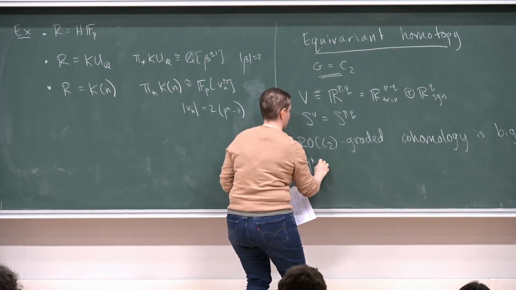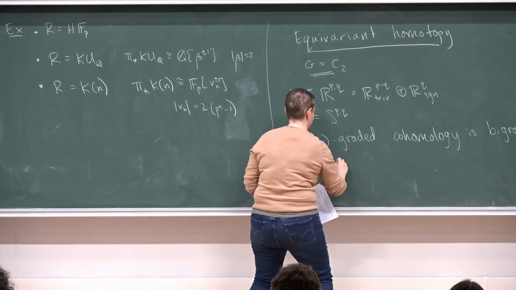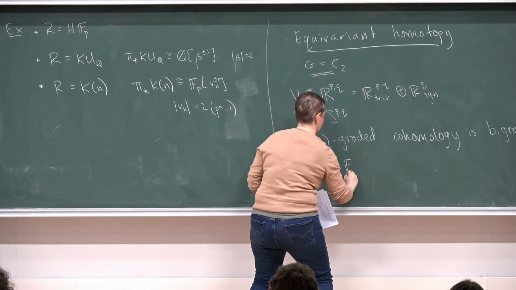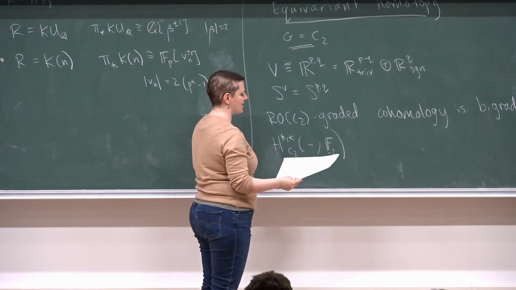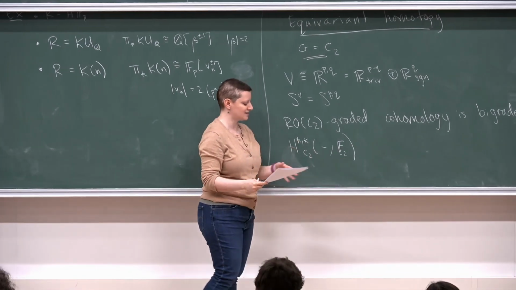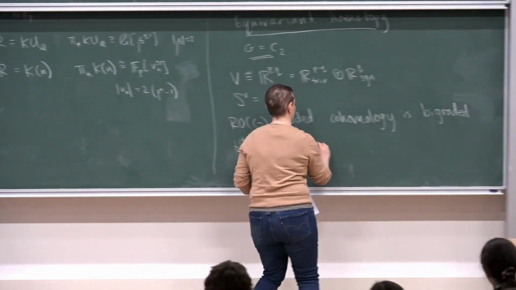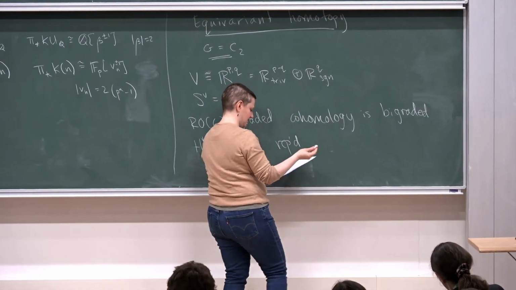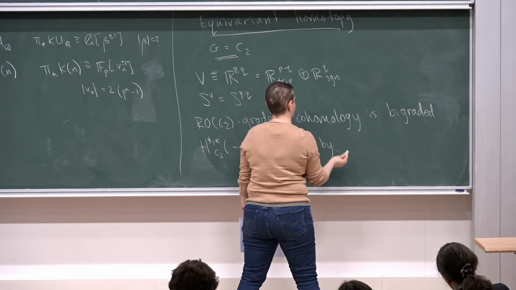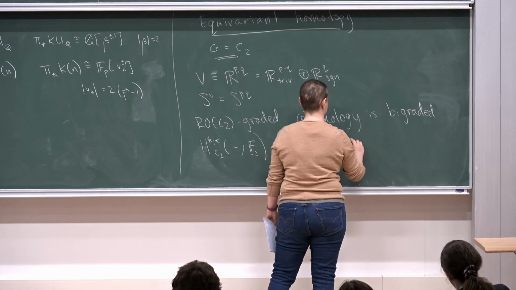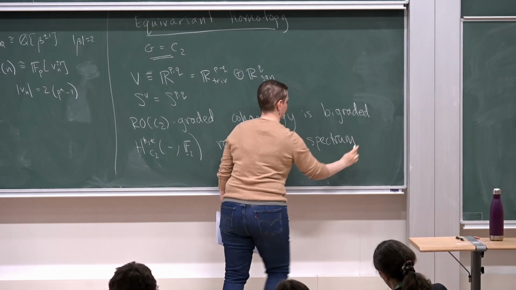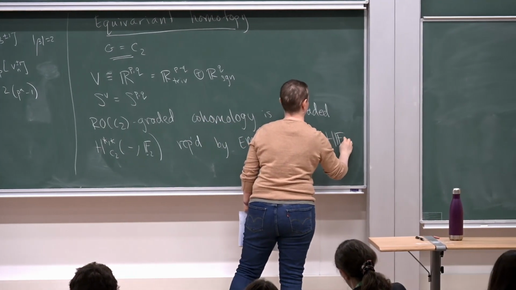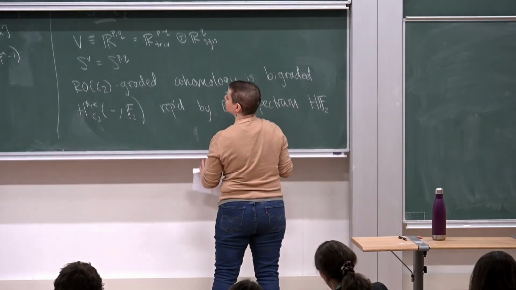And I said this bi-graded theory with, say, constant F2 coefficients, working in this equivariant analog of F2 coefficients, this constant F2 Mackey functor, well, this is represented by a genuine equivariant Eilenberg MacLane spectrum that I'll denote HF2 underline.